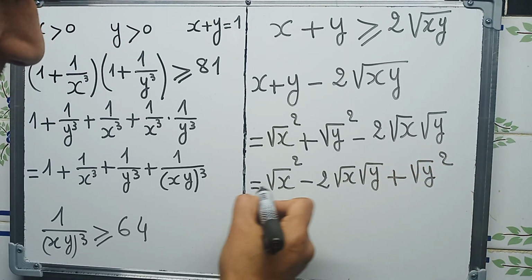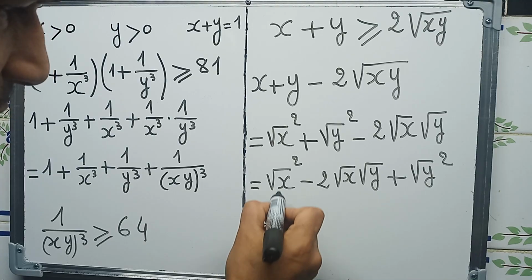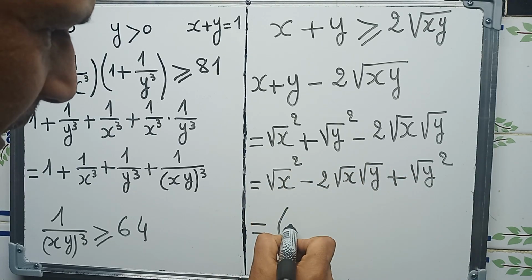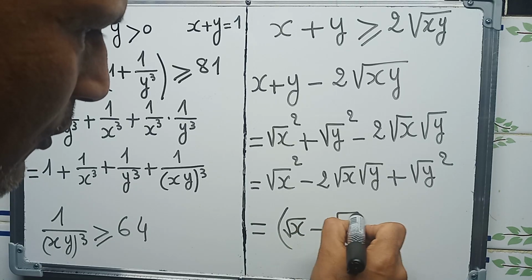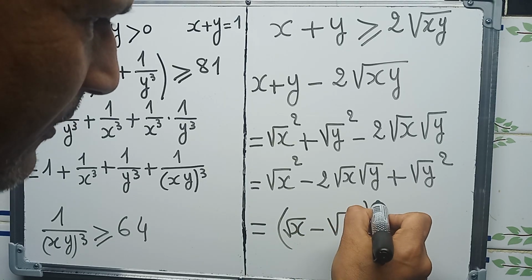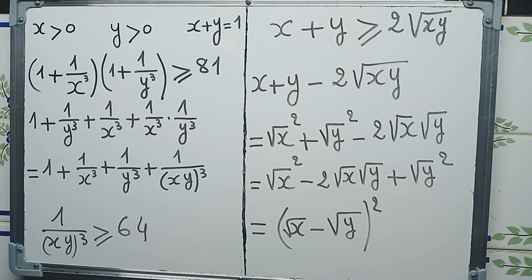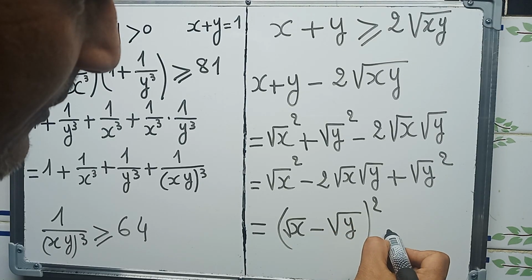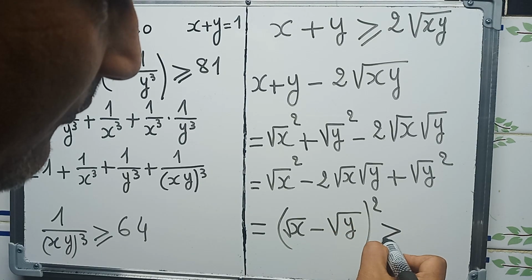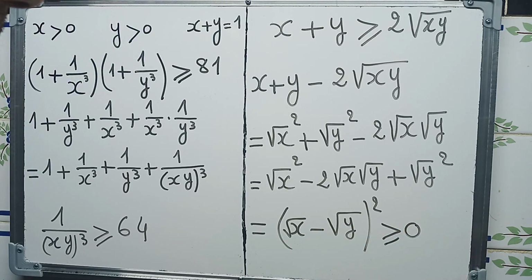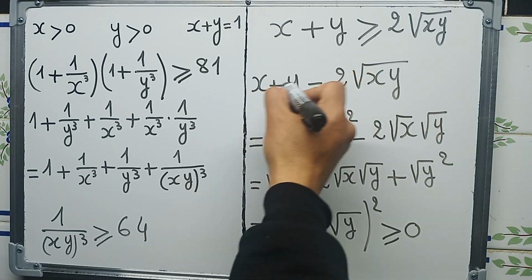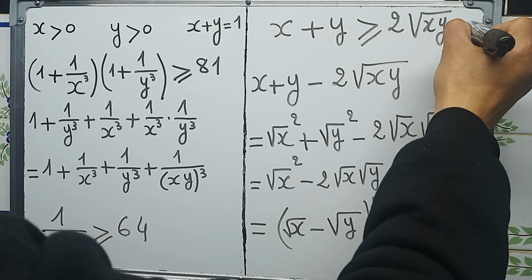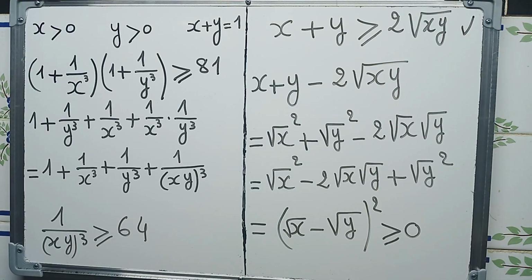And here you see it's again the special product (square root of x minus square root of y) squared, which is of course a non-negative number, and that means that again our inequality holds.